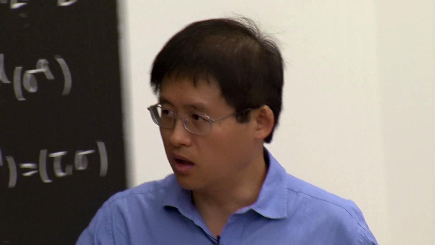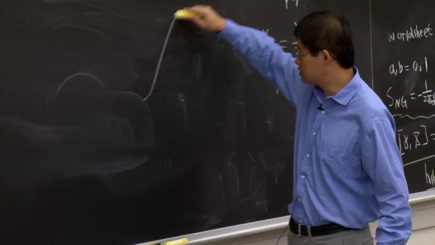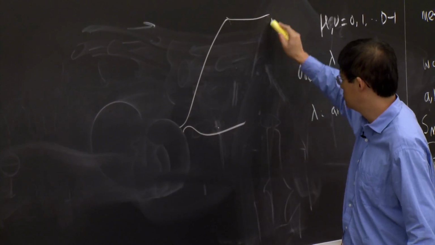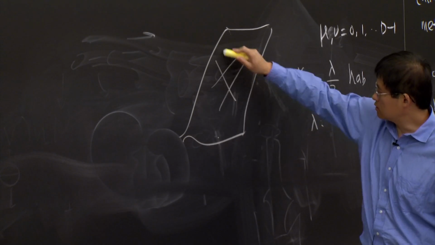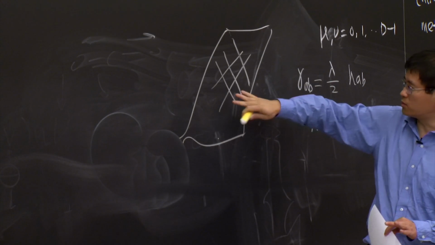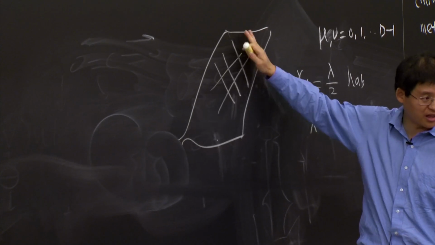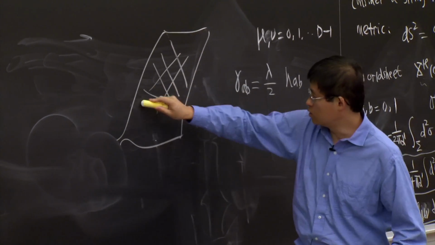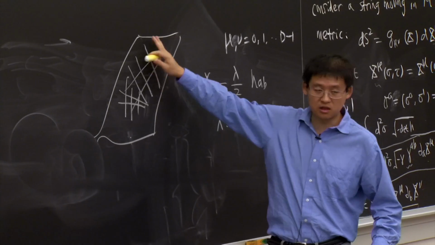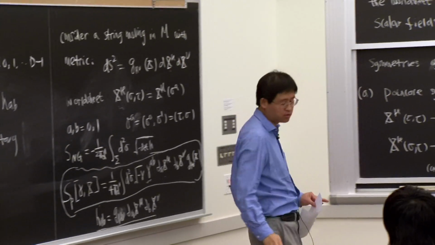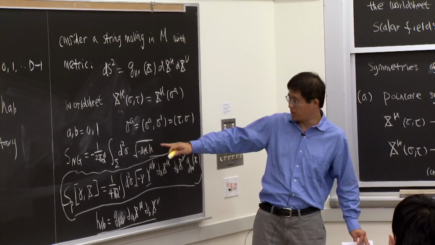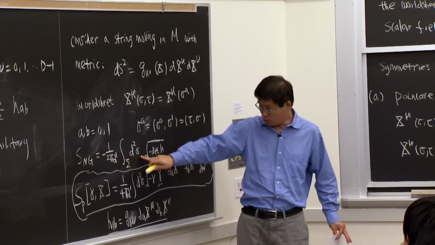Because if you think about the surface in space-time, you can say parameterization corresponds to putting a grid on this surface. Whether you do it this way or some other way, it should not change the property of the surface itself.